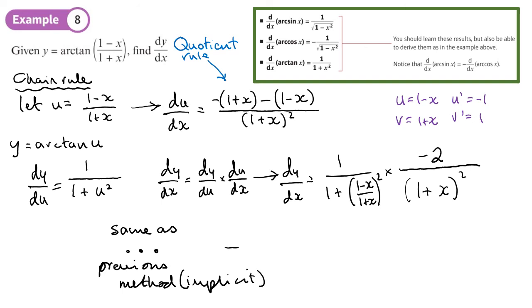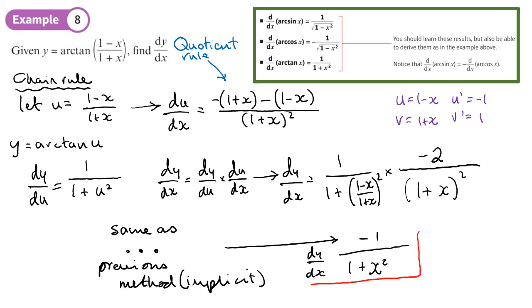So we'll end up with the same negative 1 over 1 plus x squared as our final answer for dy/dx. Okay, so this is just an alternative way of doing it. So either use implicit differentiation or use the chain rule to get your final answer.